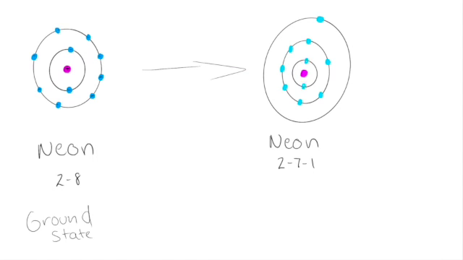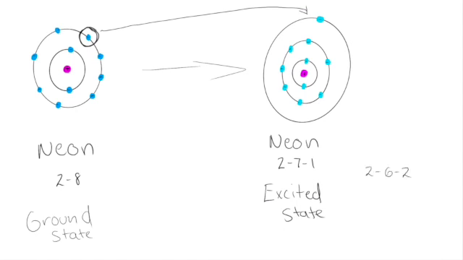As you can tell, that is the electron that moved. And this could honestly be 6 electrons on the second shell and 2 electrons on the third shell. It really depends how you write it.